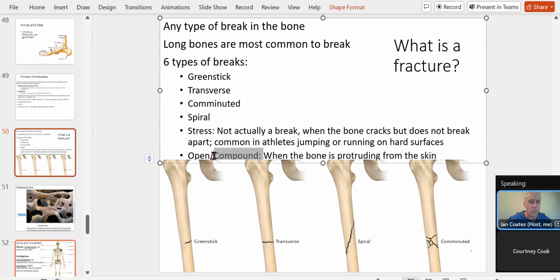This one here is kind of the worst of them all because, if you break a bone and you haven't punctured the skin, there's no microbial activity, there's no infection. But when you get an open or compound fracture, that's where the bone juts out through the skin, so now you're not only dealing with a broken bone issue, you're dealing with an infection issue.